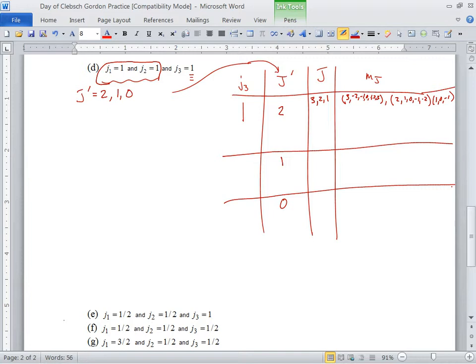The j would be 2, 1, 0. Then you write its M sub j's. Then the last one would just be 1, 0.